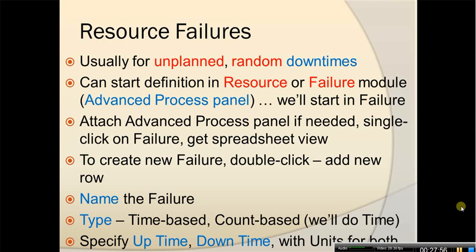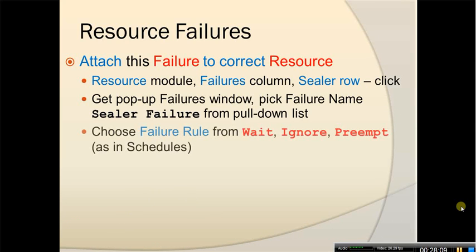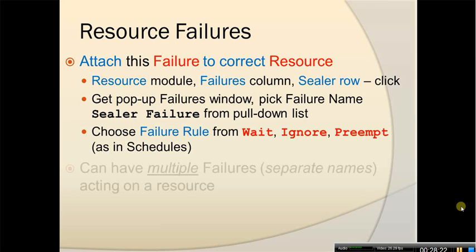So here's the information that reviews what we said regarding resource failures, and it also tells you how to add the resource failures to the correct resource, and also what failure rule to choose: wait, ignore, or preempt.